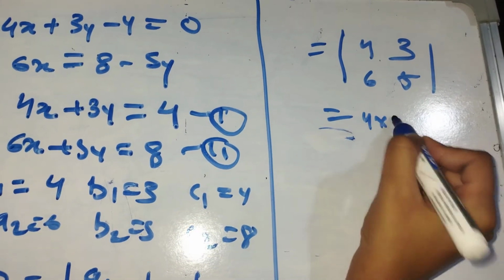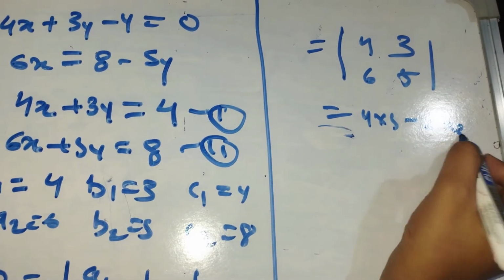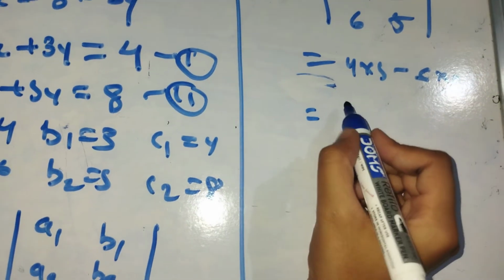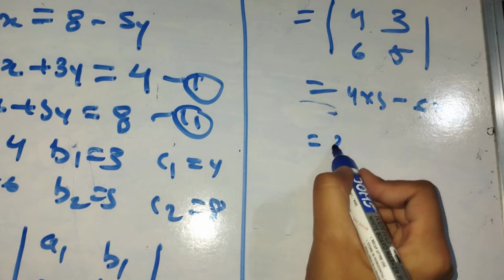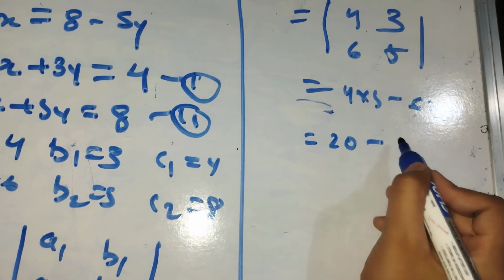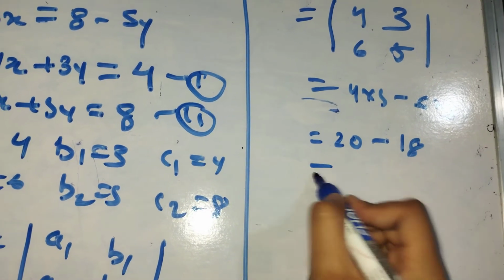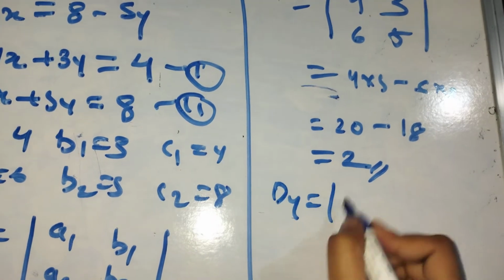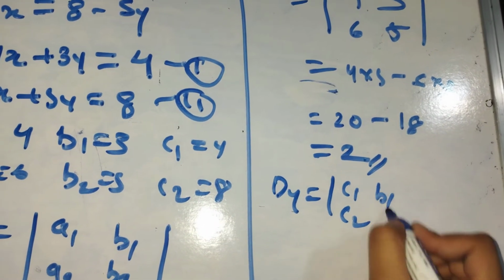4 multiplied by 5, 6 multiplied by 3. And 5 4s are 20 and 6 3s are 18, so you will get 2. And after that dx equals C1 C2 B1 B2.